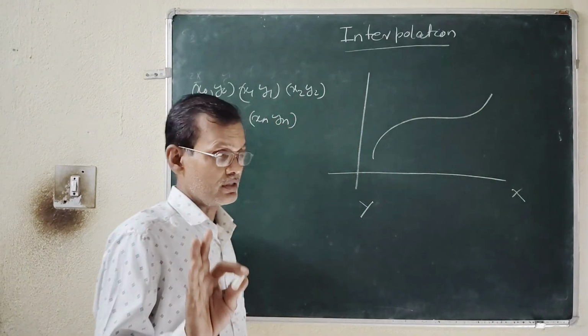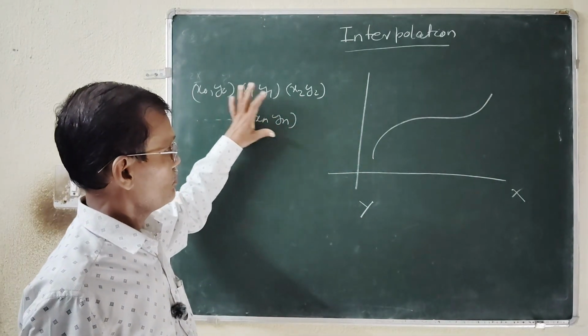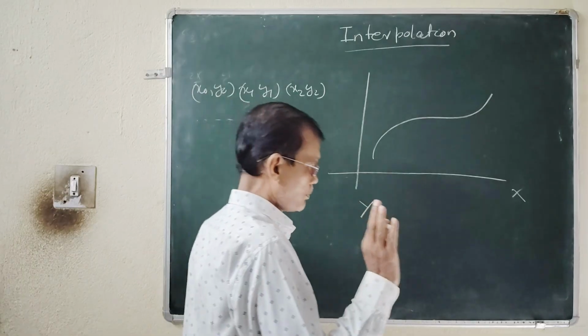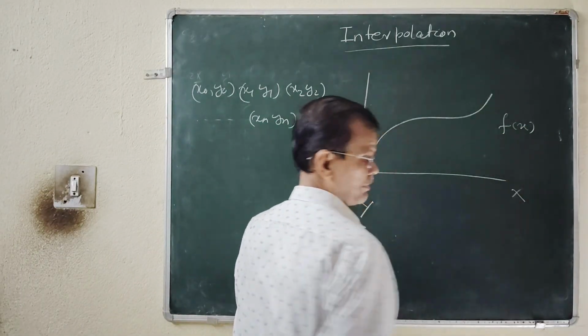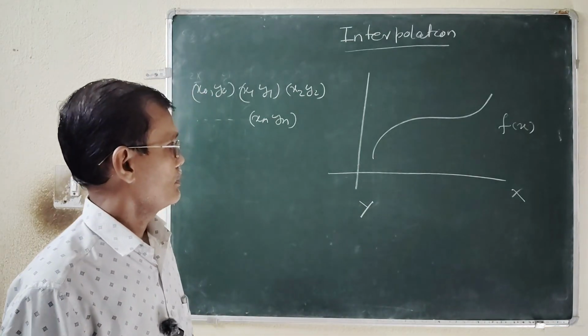We do not know the function, but from this set of data we draw this graph. For the time being, suppose we consider this graph is f(x), but f(x) is not known, right?